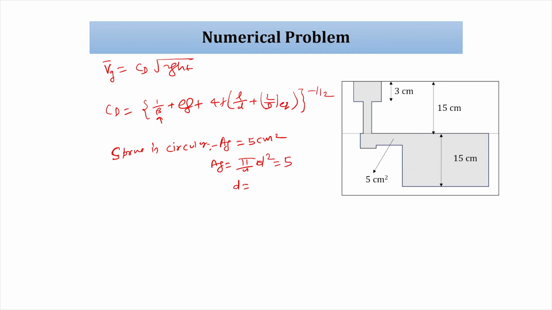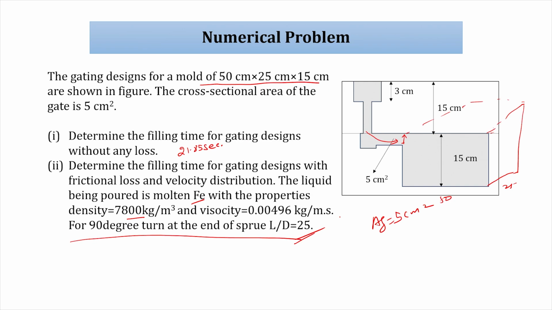So, D, the diameter, equal to 0.0252 meter. L is given as 12 cm, so L is equal to 0.12. L by D equivalent is given as 25. I think the problem is already saying L by D is 25.